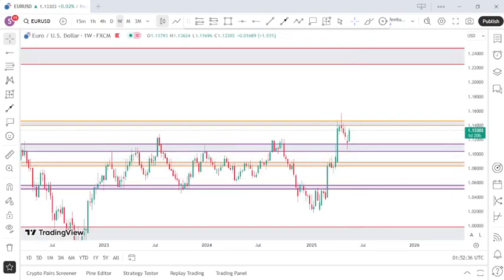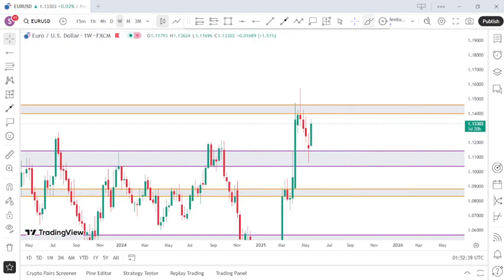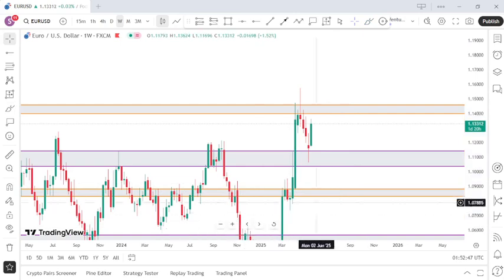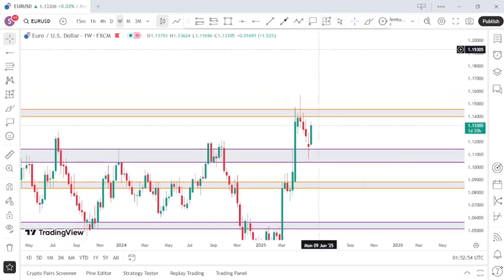Okay, so here on the weekly, I have my weekly upper zone here, my weekly lower zone here. So the retest which I said on Euro USD was this, and we are seeing it on the weekly time frame.